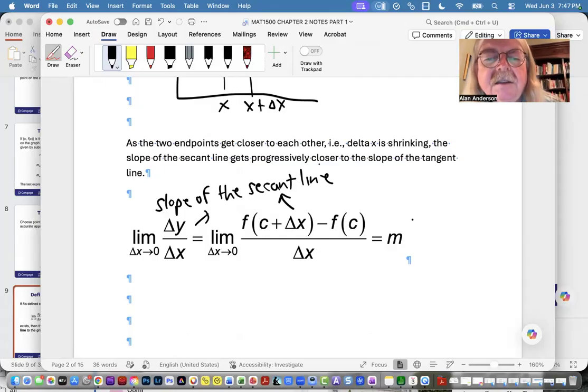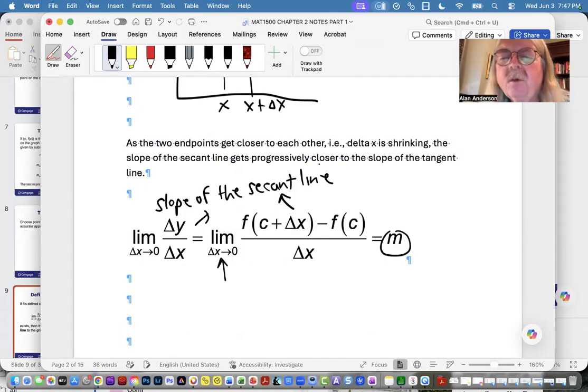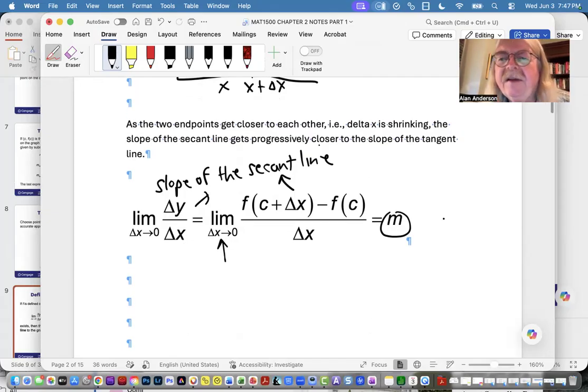So now, to find the slope of this secant line, which will equal the slope of the tangent line when we take the limit, we're going to take the limit of this expression as delta x goes to zero. By the way, I've noticed with this book, when they want you to use the slope of the secant, they write it like this.